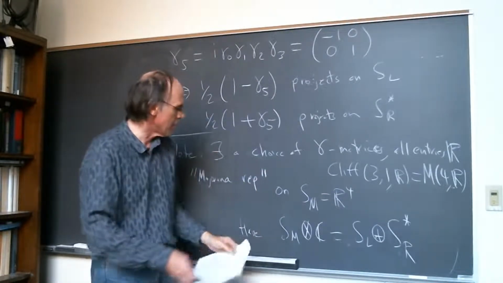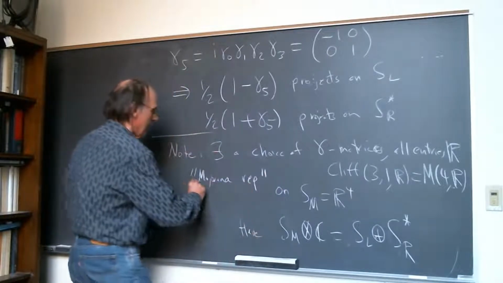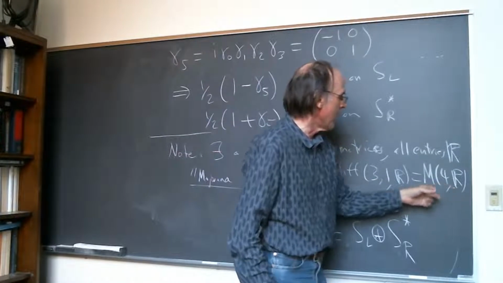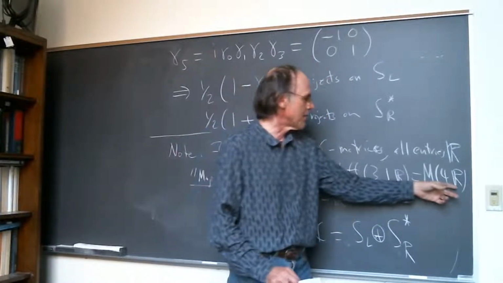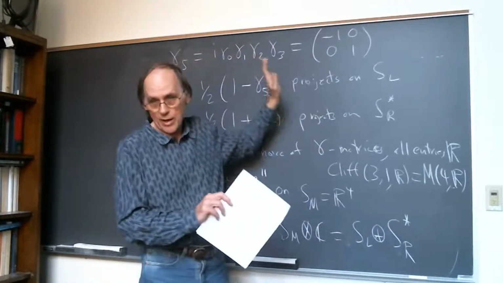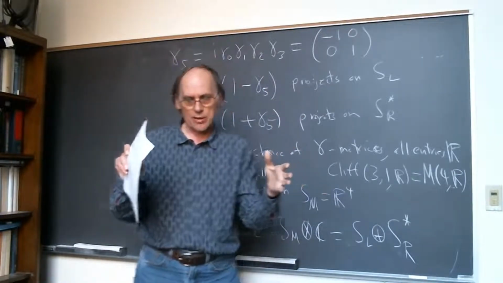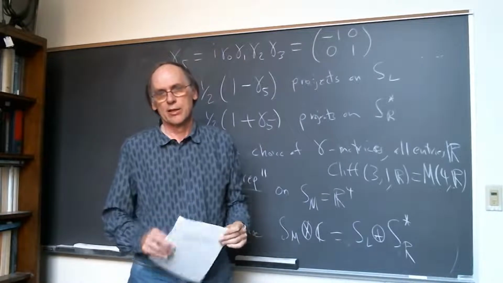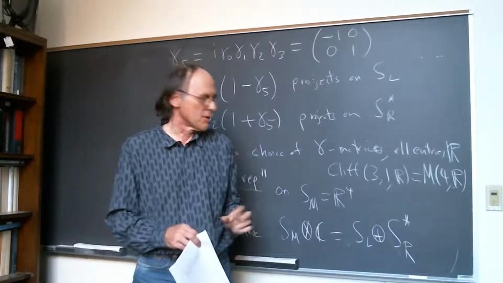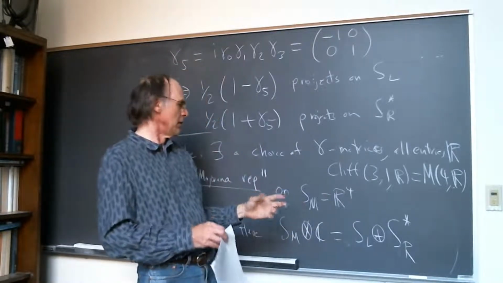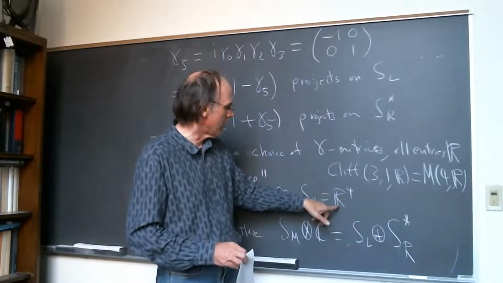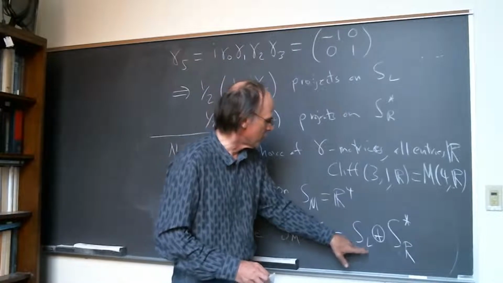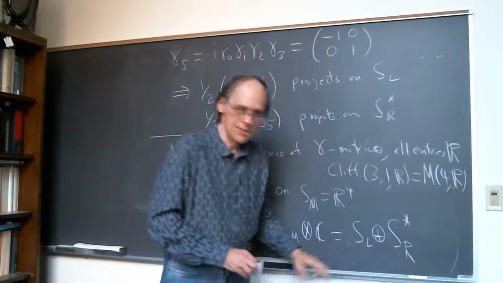Another way of saying that is you can look at this Majorana representation where you have 4x4 matrices. You can compute gamma 5, but gamma 5 is not going to be diagonal. So you can't break up real spinors into two real pieces.